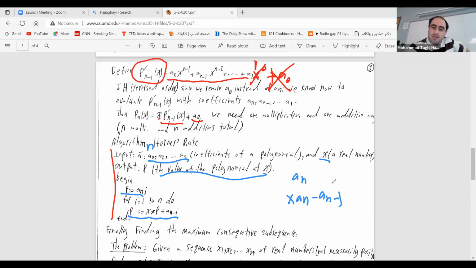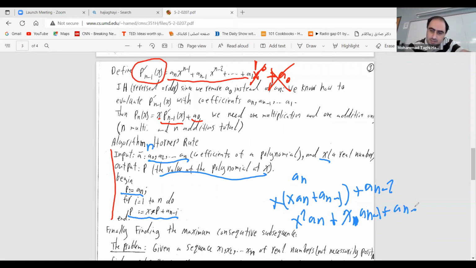Then I multiply everything by x and add an minus 2, so on and so forth.